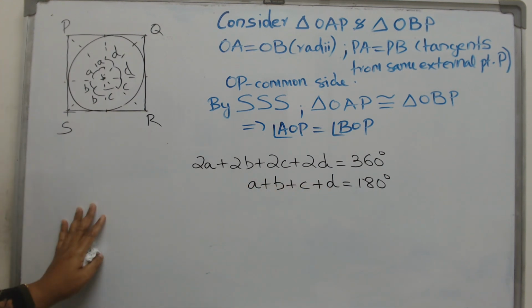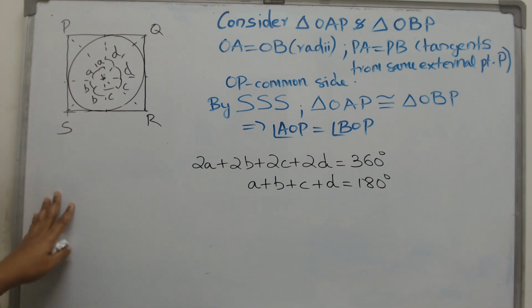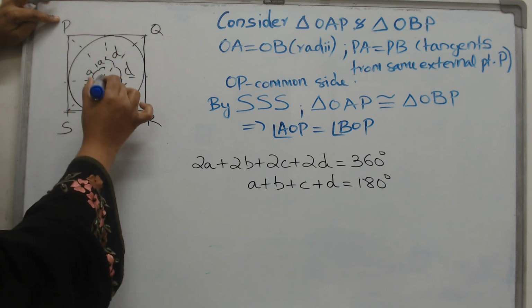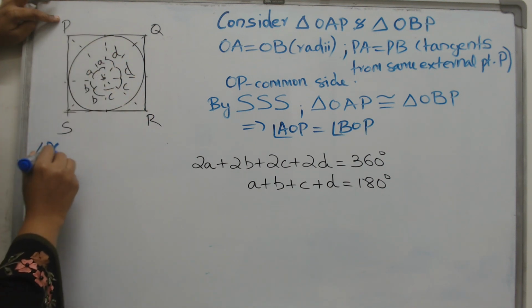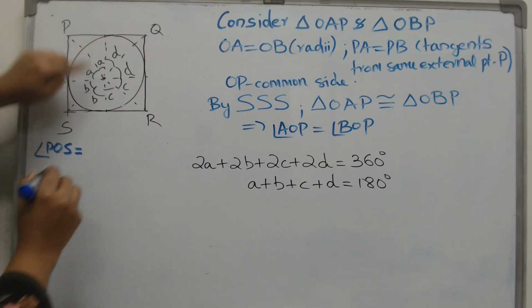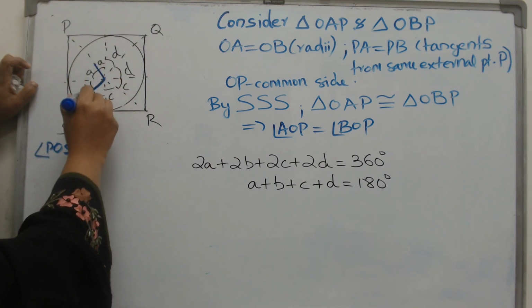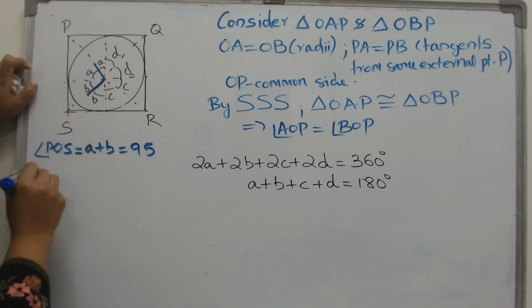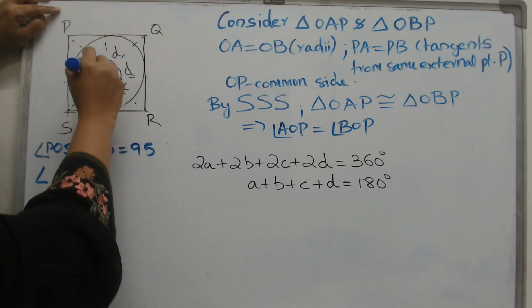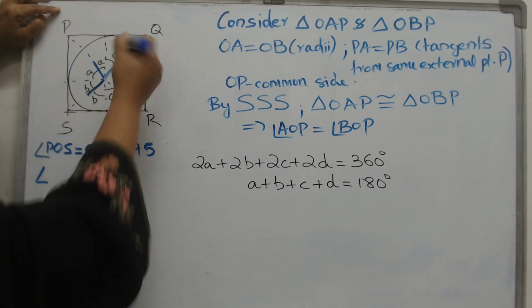But then remember our original given information, we have still not used it. What was that? Angle POS. Now we know POS as A plus B. It was 95. And how much was POQ, this angle?